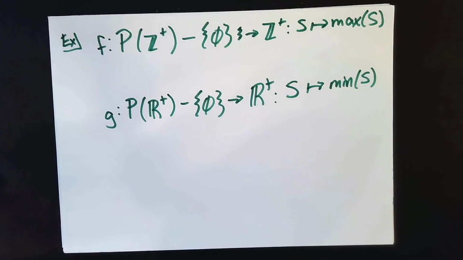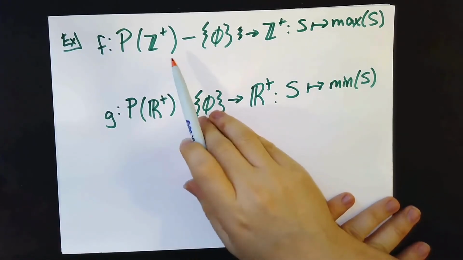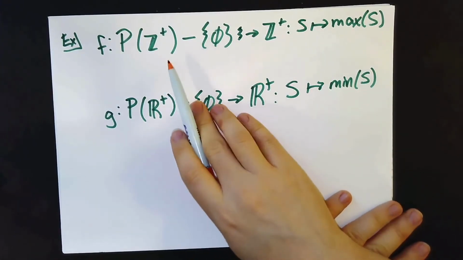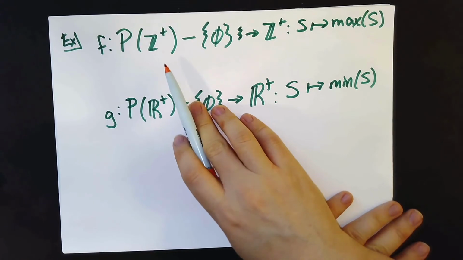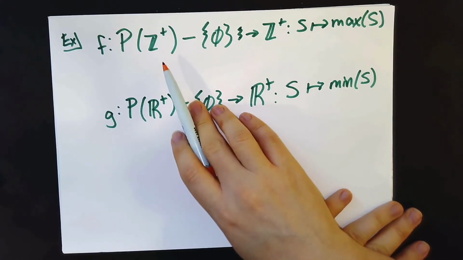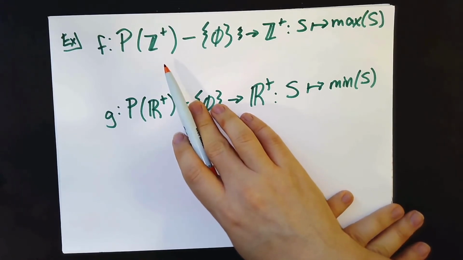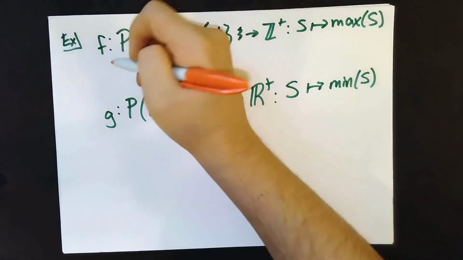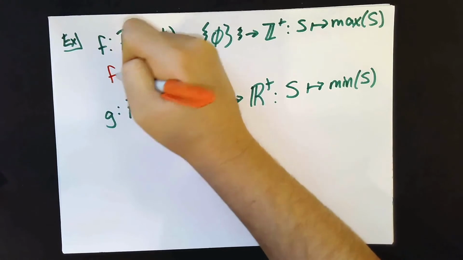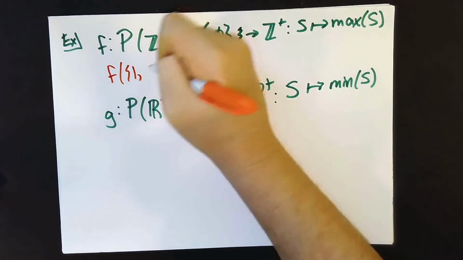So let me spoil for you what's wrong with each of these. The problem with this first one is that though every non-empty subset of the positive integers has a minimum, not every subset of the positive integers has a maximum. And why is that? Because I could try and take something like the set of powers of 2.